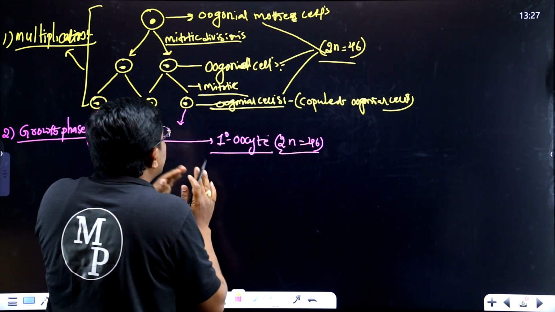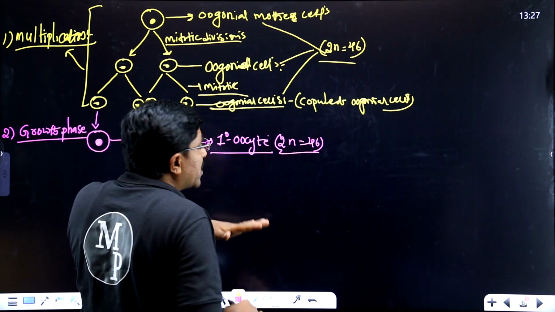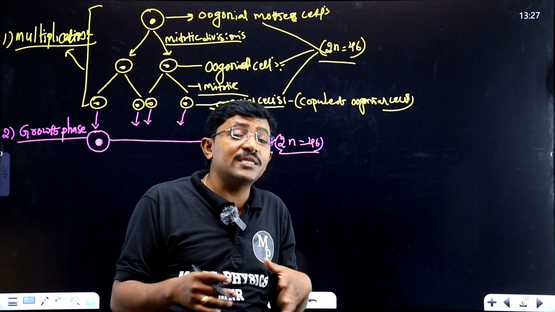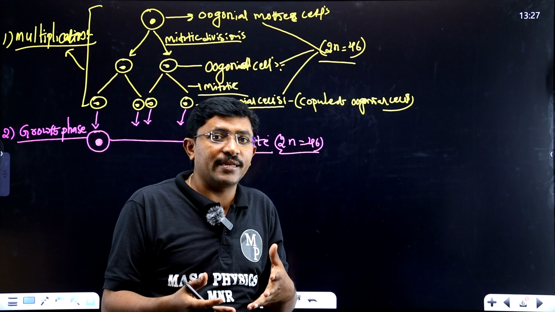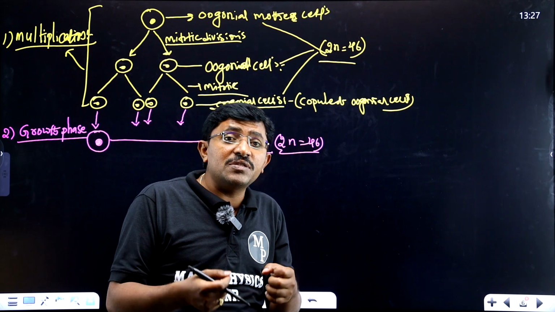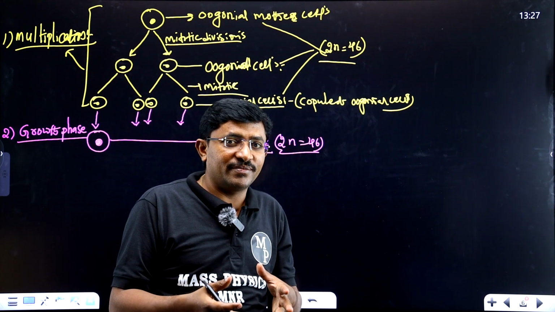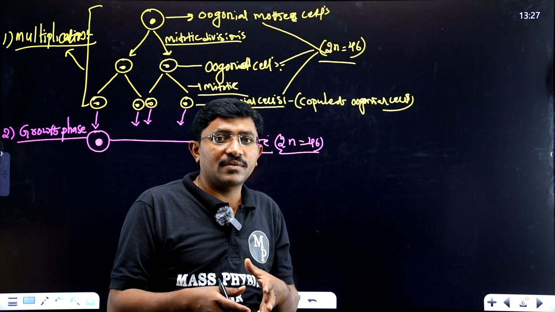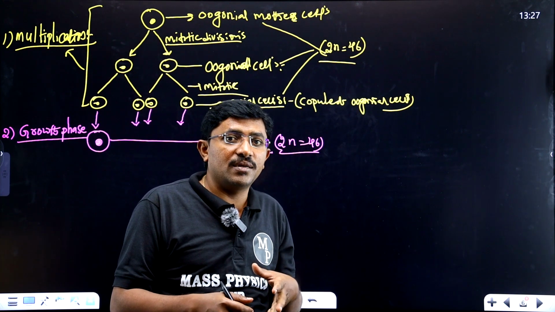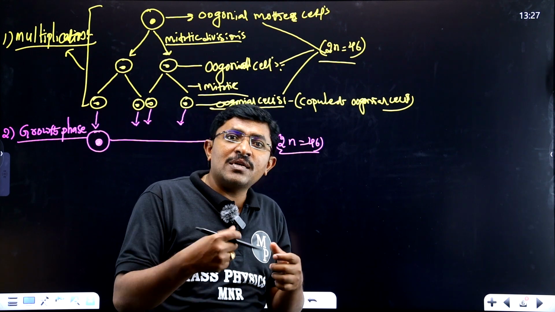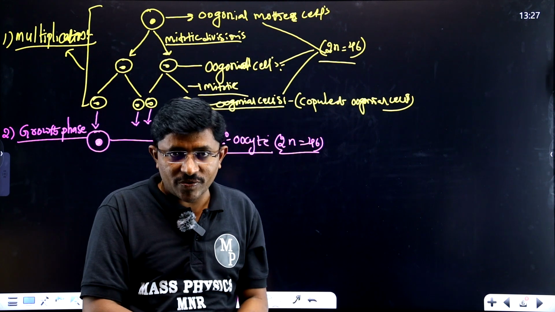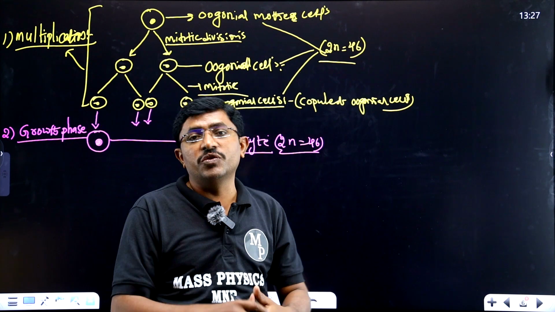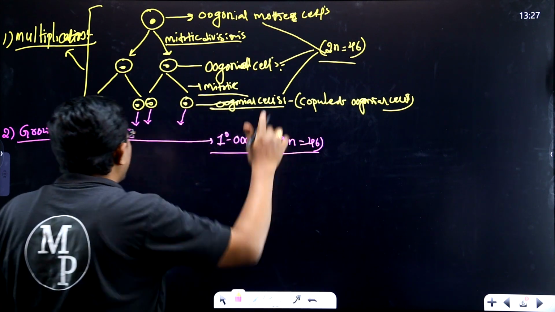Within the primary oocyte, the further divisions are stopped temporarily, arrested or suspended. After some time the divisions will begin as usual. Understood?